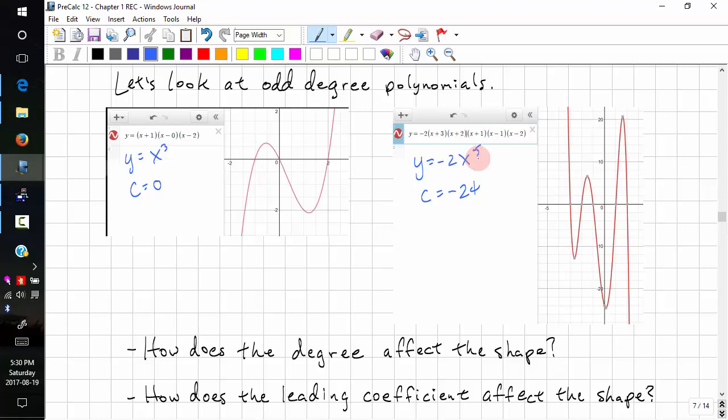So again, it's less than the degree. So same as the even answer: degree is greater than the number of hills and valleys.